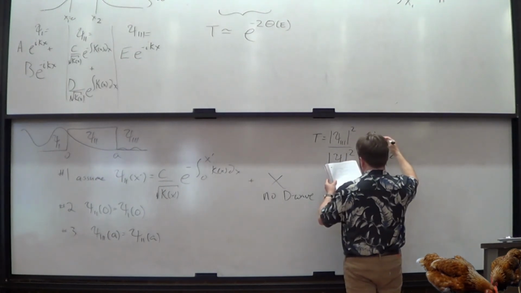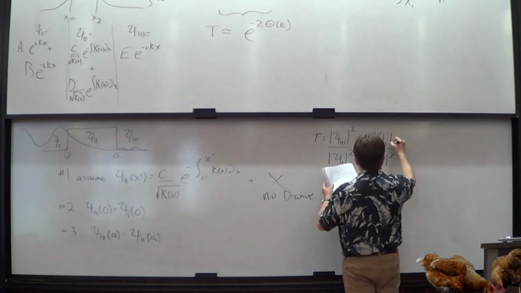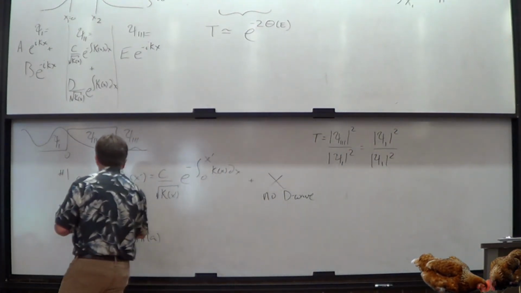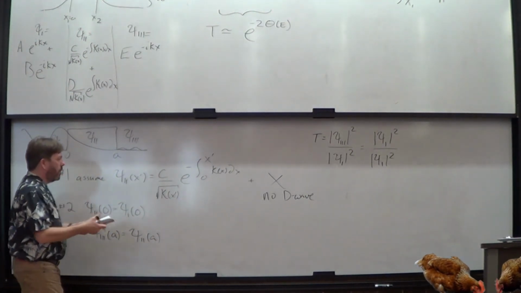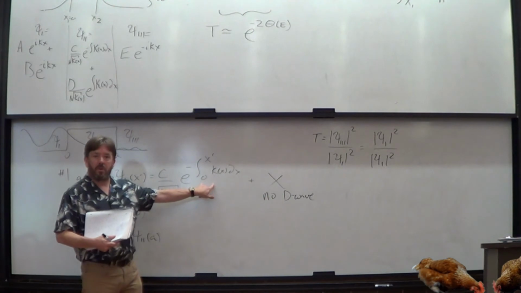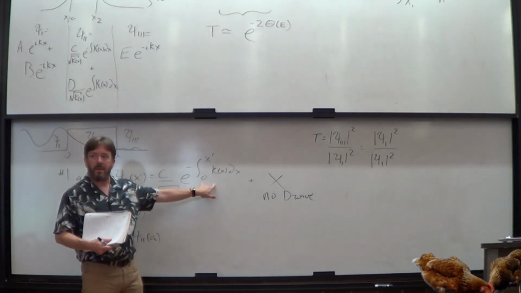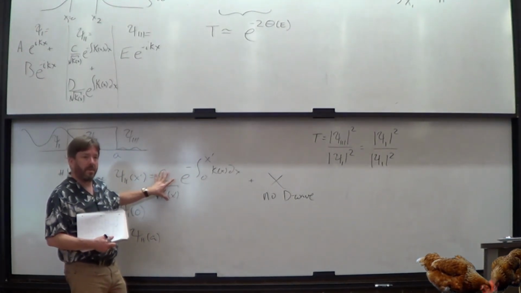The prefactor of wave function 2 is actually wave function 1. That's the prefactor. And again, it's because at 0, the wave functions are equal, and this integral ends up being nothing, ends up being the number 1. If this is nothing, the only thing that's left is what's up front.